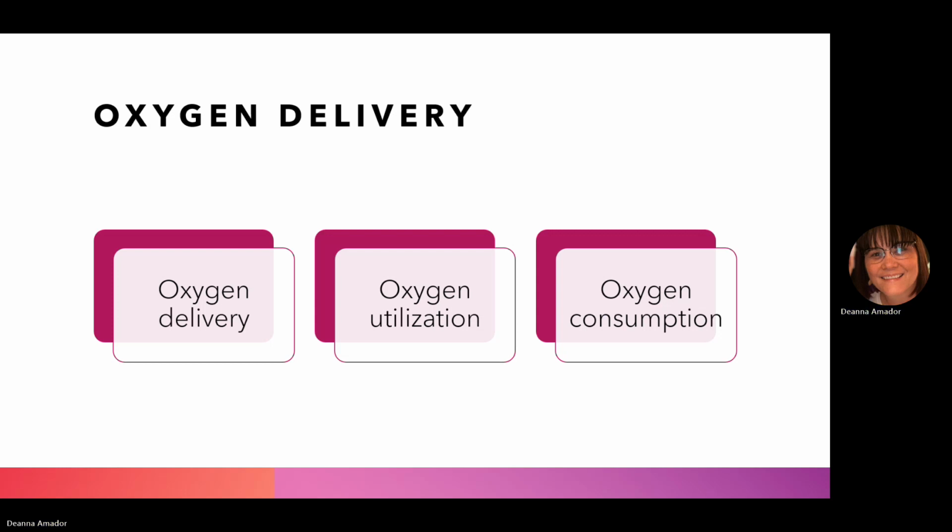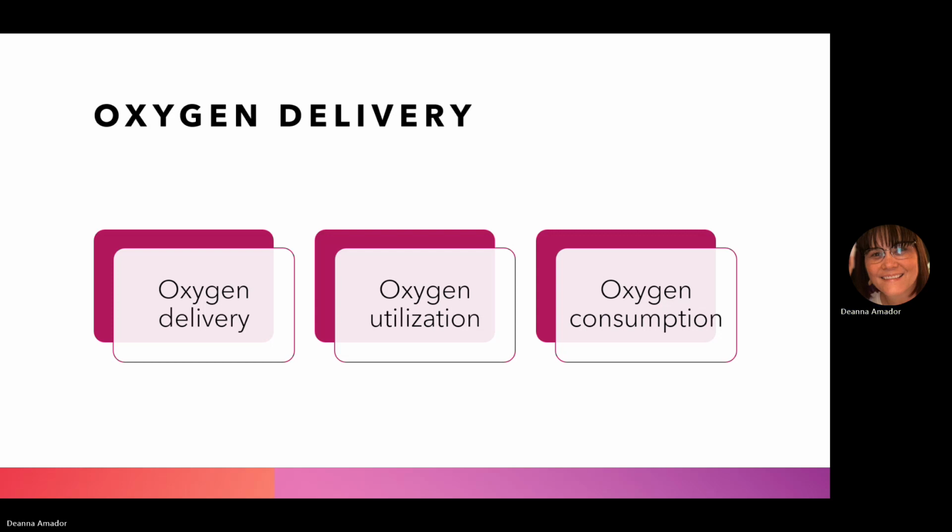So it's kind of a hard concept to grasp, but oxygen delivery is your DO2, which is the amount of oxygen delivered to the tissues. Your oxygen utilization and consumption is your VO2.